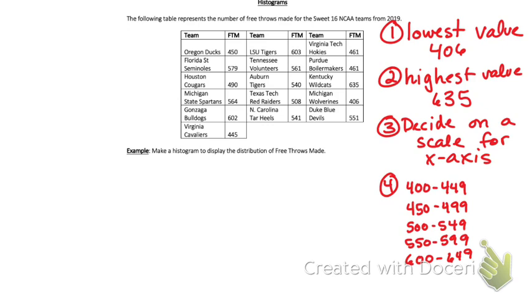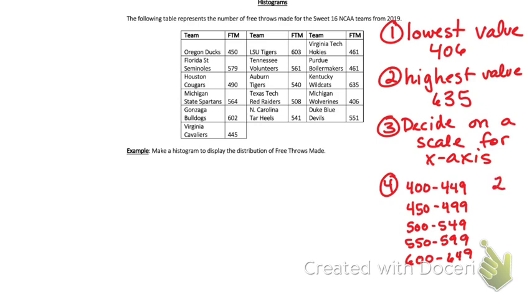So in our data, I need to find out how many teams had somewhere between 400 and 449 free throws made. How many you got? 2? 2. Does everyone agree on 2? All right, so we got 2.